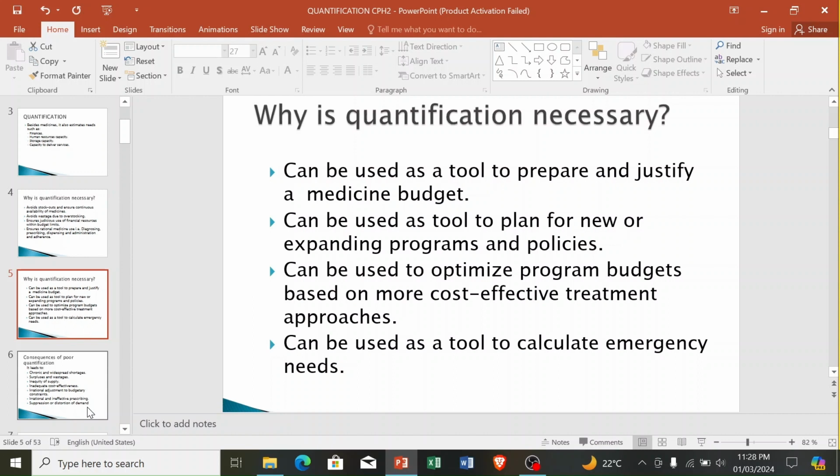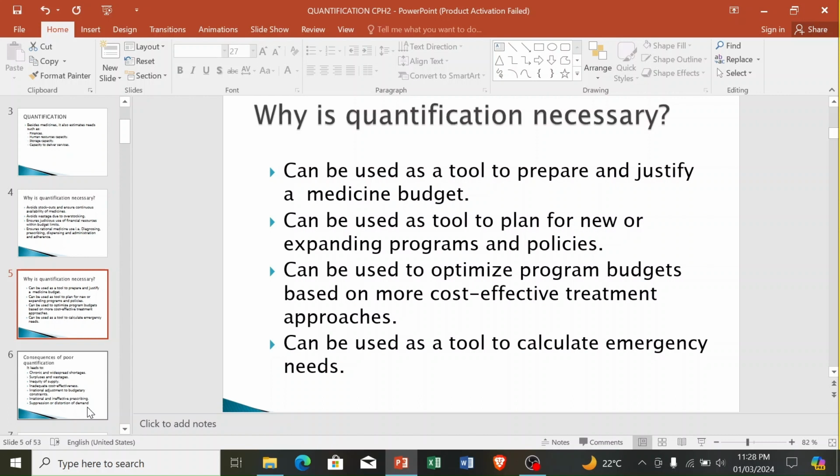You find that it corresponds with what is required, so that you are not caught off guard. Quantification enables you to justify your budget. You are able to explain why your budget is high, why it is minimum, and why it is low.